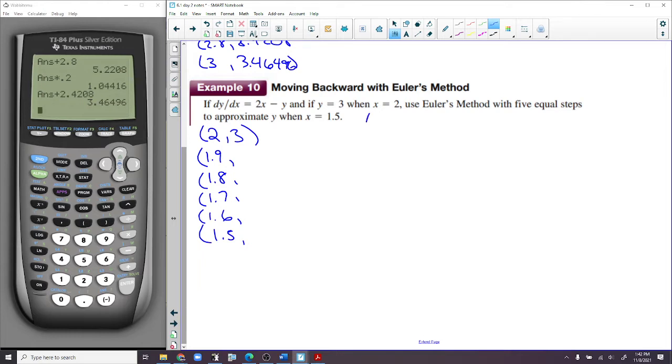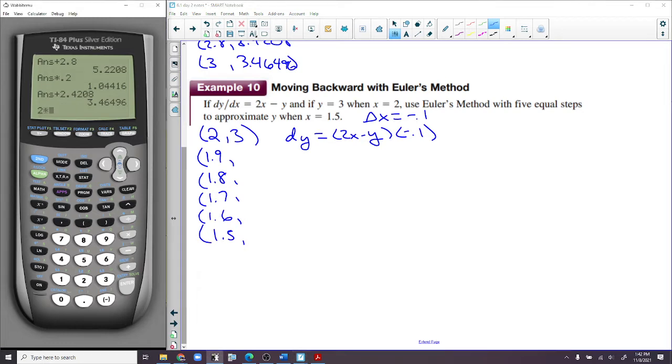The only difference in example 10 is they don't tell you what the change in x is, but hopefully it's fairly obvious that it's negative 0.1. That's how x is changing. Well, now the change in y is equal to 2x minus y times negative 0.1, or times dx. That's multiplying the dx over.